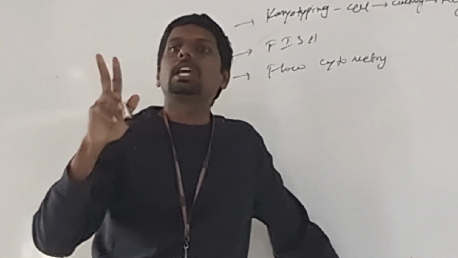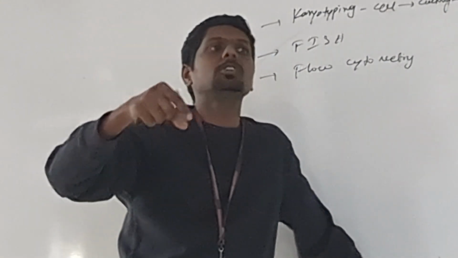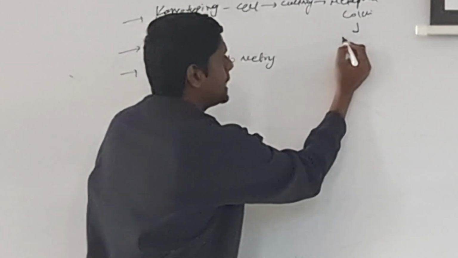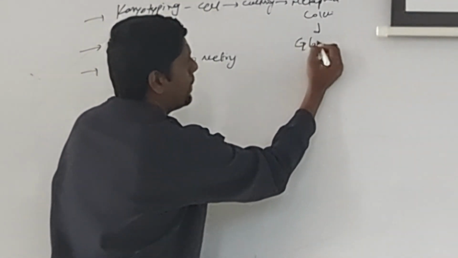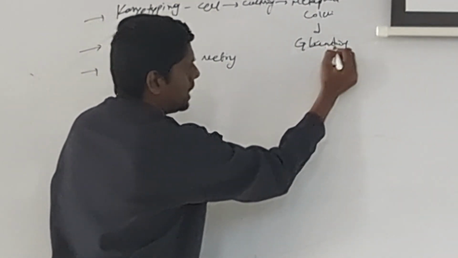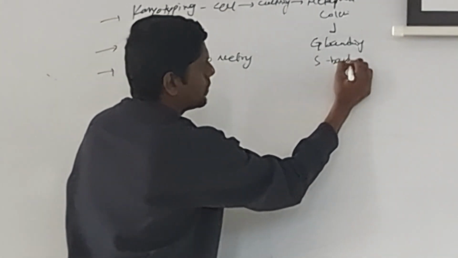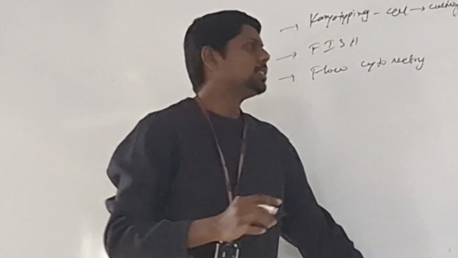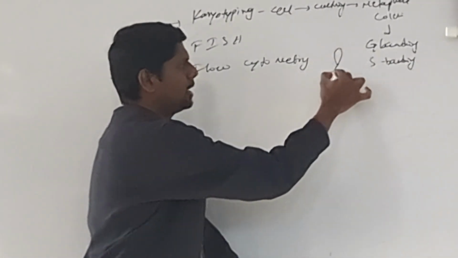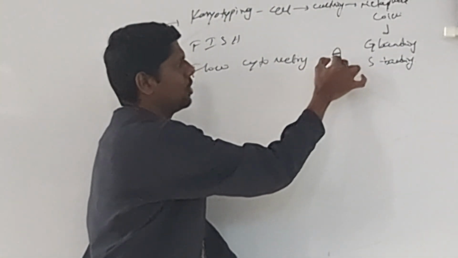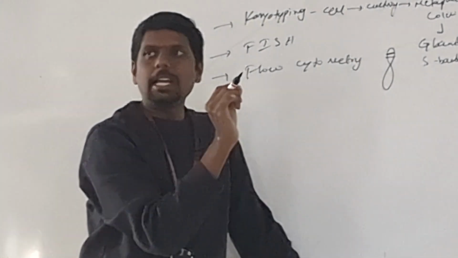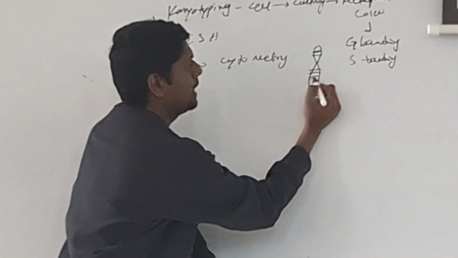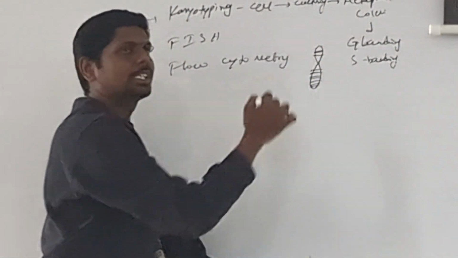There are two types of stains used for chromosomal staining: G banding and S banding. Now, students, when we are staining a chromosome, it will show light bands and dark bands, and they have a proper sequence.